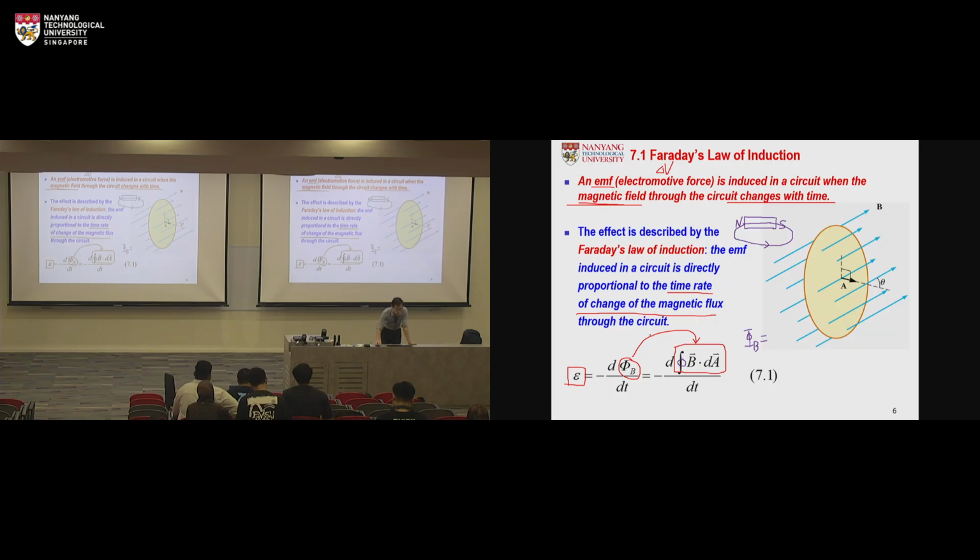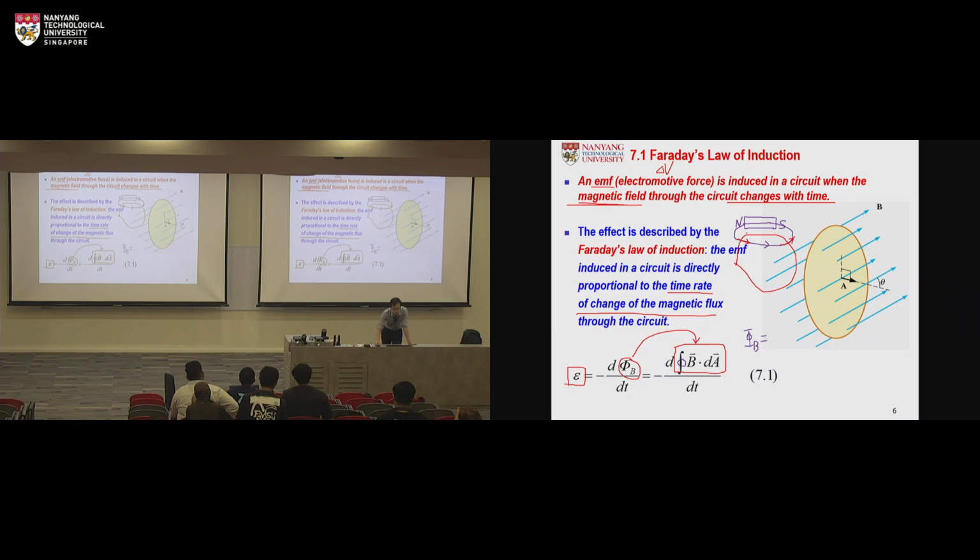So for this kind of loop wire, if you have any kind of arbitrary closed surface, you will find that the same magnetic field line will enter the closed surface at one point and leave the same closed surface at another point.